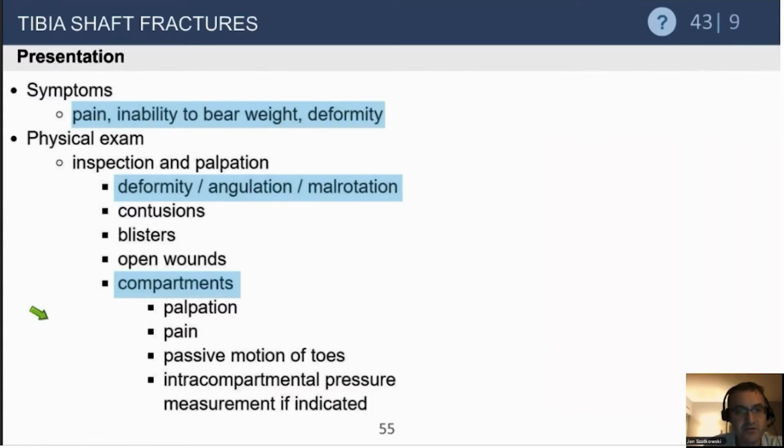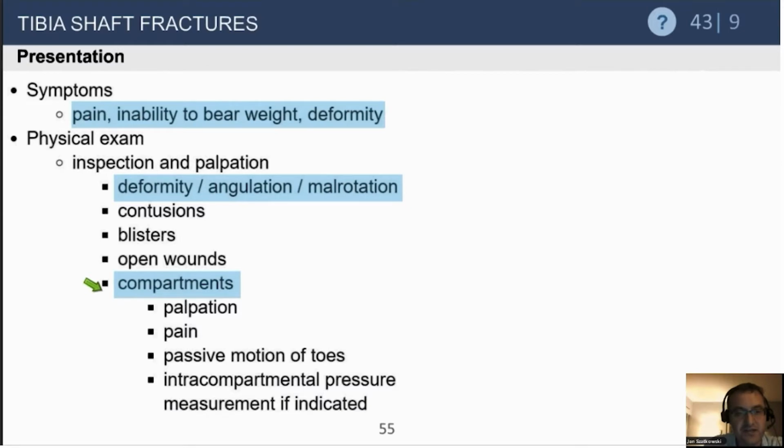So symptoms, well, like any other fracture, pain, inability to bear weight, and a deformity, especially in the tibia. You can see it because it's a very subcutaneous bone, especially when compared to something like the femur. So inspection, palpation, look for deformity, angulation, rotation. Look for any issues with the skin, contusions, blisters, open wounds, compartments.